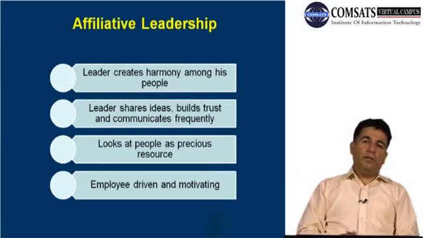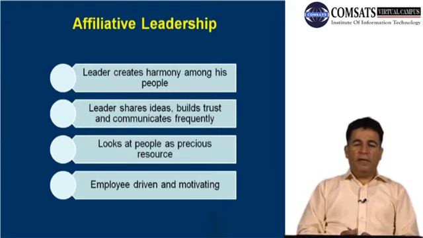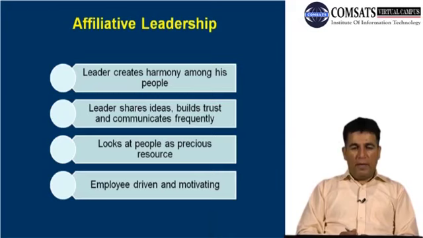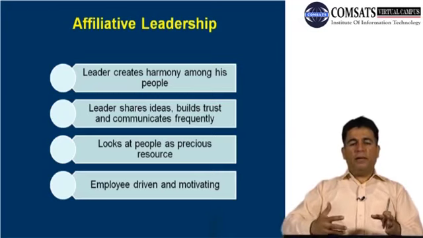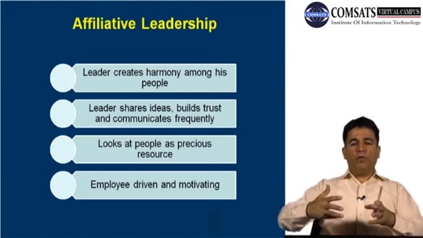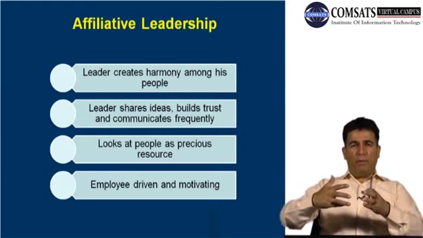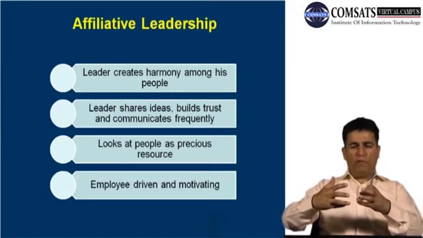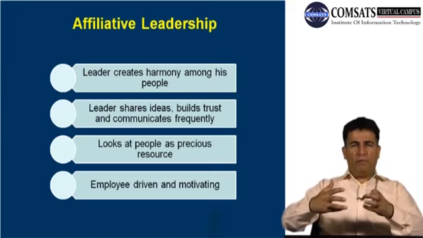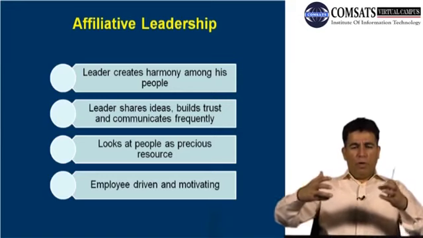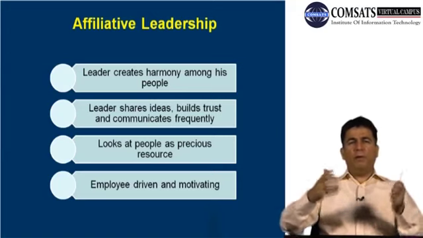The next leadership style here is affiliative leadership. Here the leader creates harmony among his people. The leader is focusing on harmony, for example coordination and cooperation of his followers, of his team members. What is the purpose of harmony?